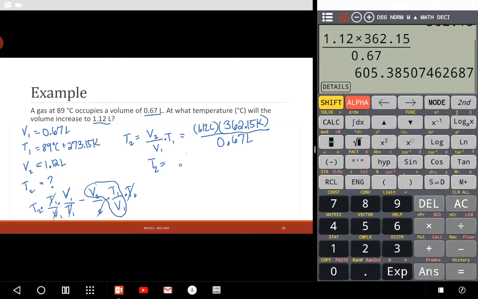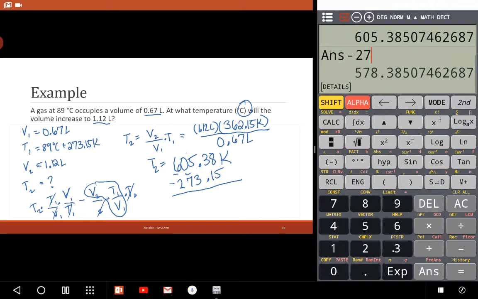And so I calculated 605.38. I'm going to need just 2 sig figs, so only those first two are significant. But I need to convert this back into Celsius because that's what the question asked for. So I need to subtract 273.15 from that in order to get my Celsius temperature.